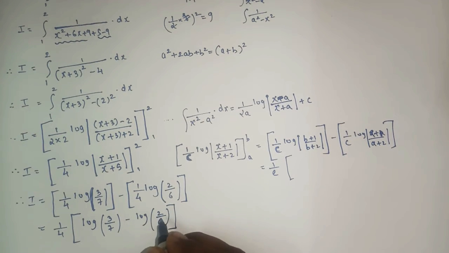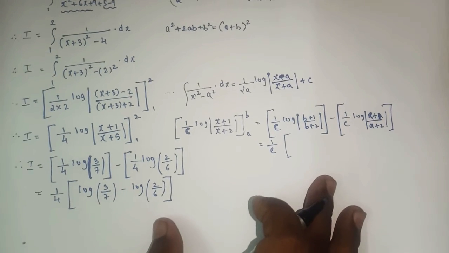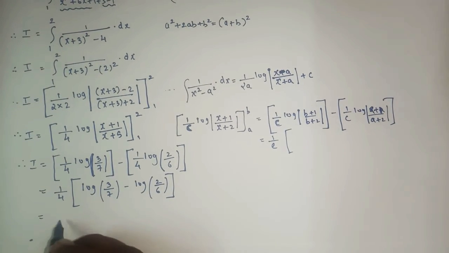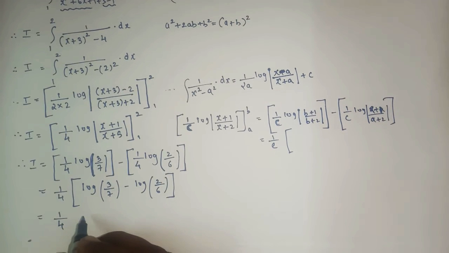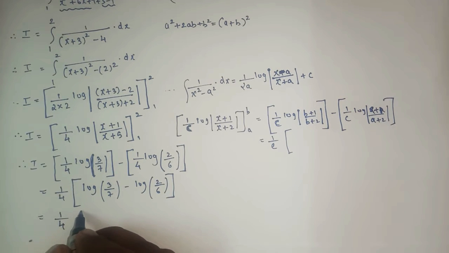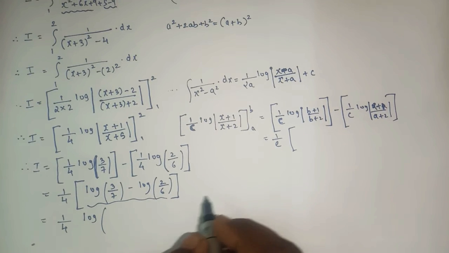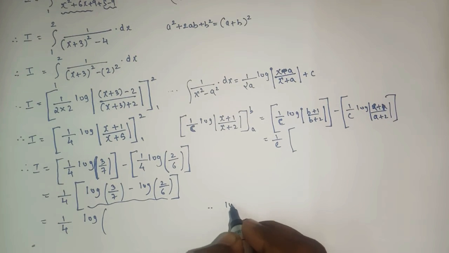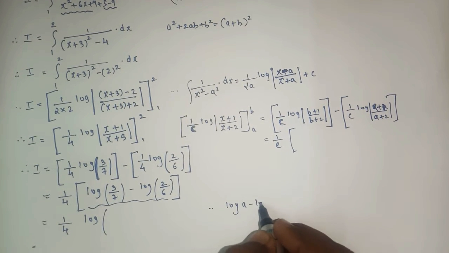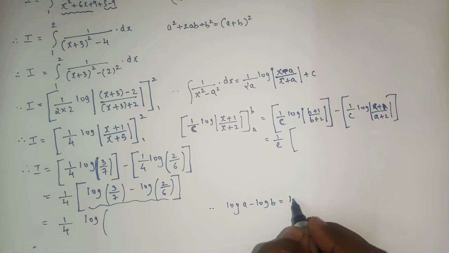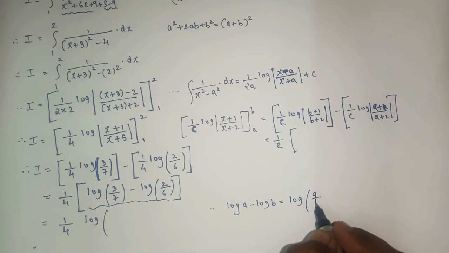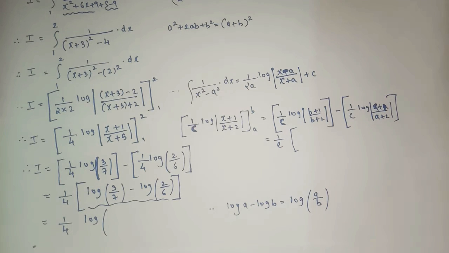If you want to cancel this number you can do. Now after this, further, this can be written as, as this part looks like log a minus log b, which we can write as log a by b, yes or no? Got the point?